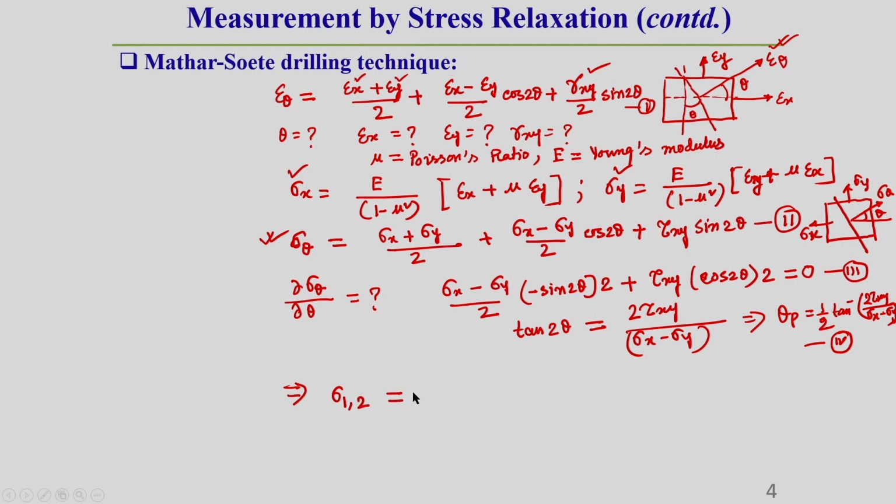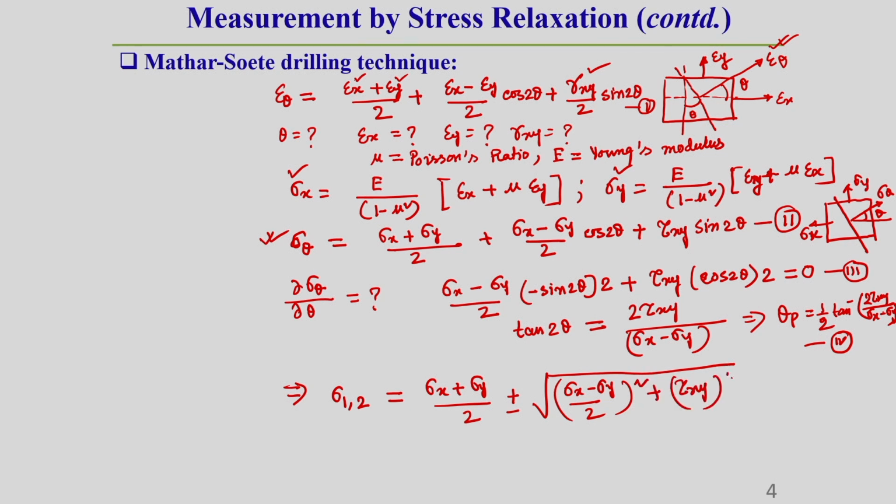This will be equal to sigma x plus sigma y by 2, plus for maximum and minus for minimum, the square root of sigma x minus sigma y by 2, whole square, plus tau xy whole square. This is very well known to you.